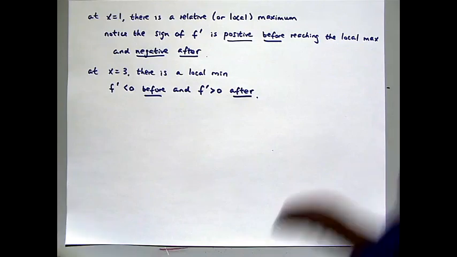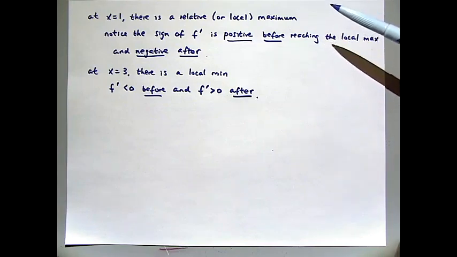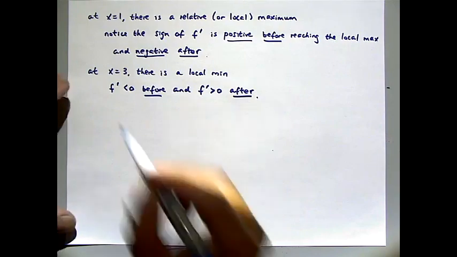And so this is one of the most important results from derivatives so far. Just by looking at how the derivative changes sign before and after a place where f prime is 0, we can tell whether we have a maximum or a minimum.